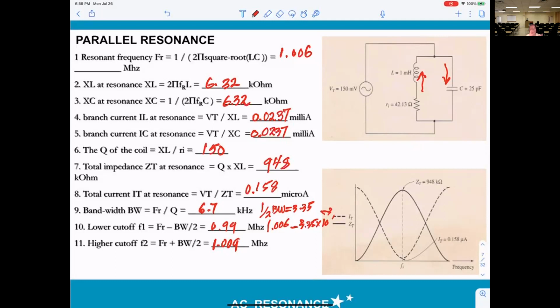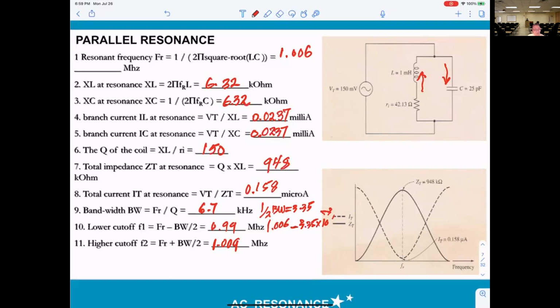So basically that covers everything for the resonance. Then we need to understand the series resonance and the parallel resonance. You will be okay.